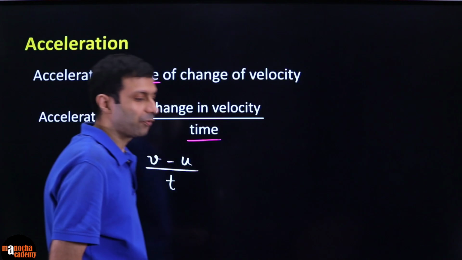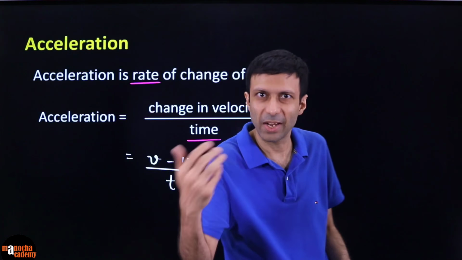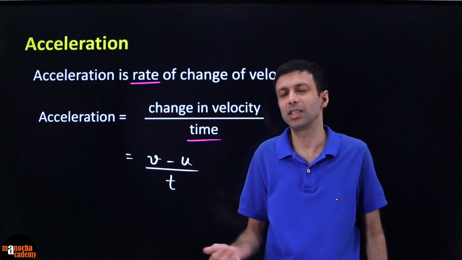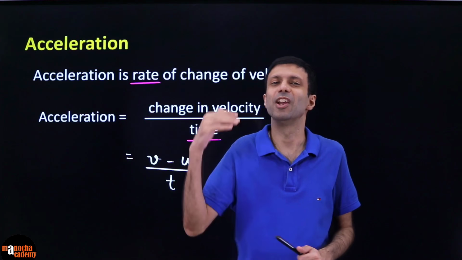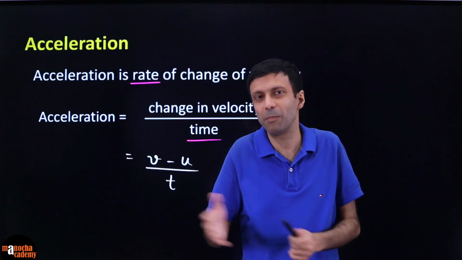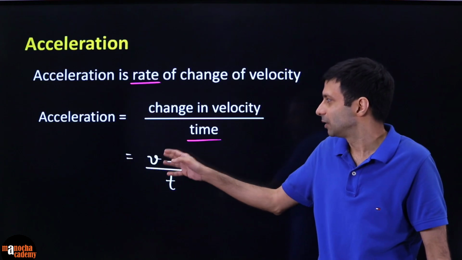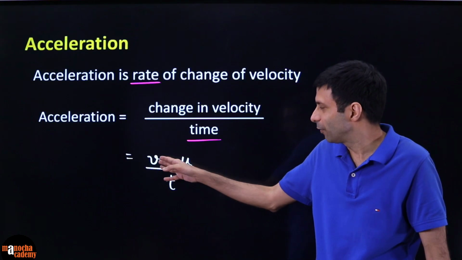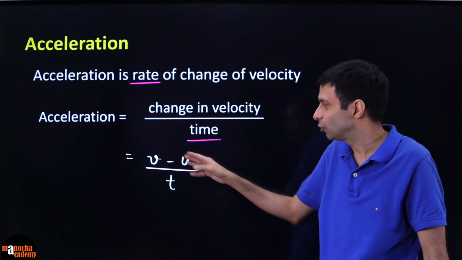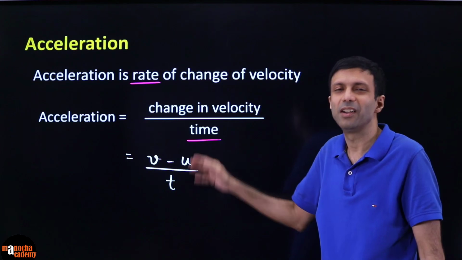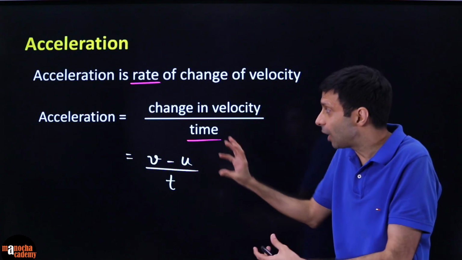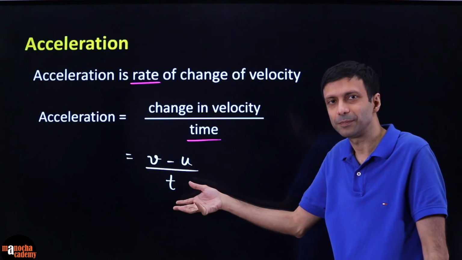Because please remember, in physics and maths, change always means final value minus initial value. Just like I say, what is the change in your bank balance? Your final bank balance, or what it is today, minus what it was, let's say, a month back. Here, same thing, v means final velocity, u means initial velocity. So change in velocity is v minus u, divided by time. So we can see how fast the velocity is changing.